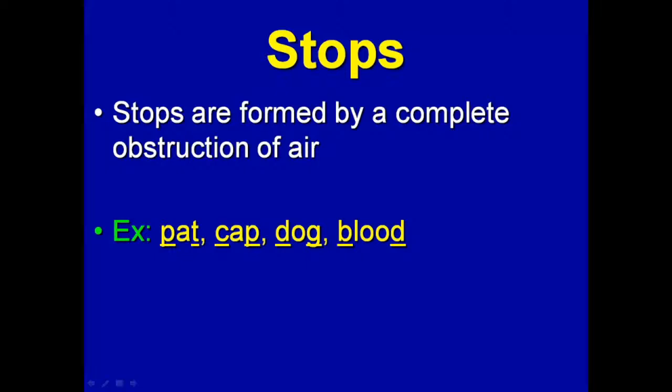The air is being stopped, obstructed completely by the speech organs. This is the case of p and t in pat, k and p in cap, d and g in dog, b and d in blood. In all the underlined consonants, we need to stop the air momentarily.